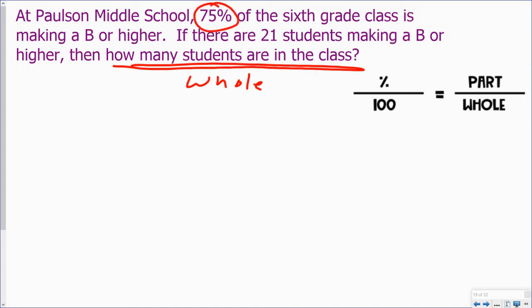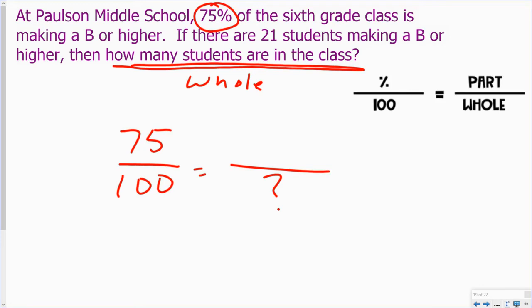So here's my 75%, which would be 75 over 100. And again, I'm looking for the whole because it says how many students are in the class. And it says 21 students are making a B or higher. And so that is my part.